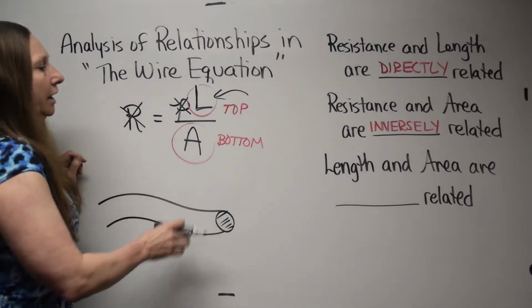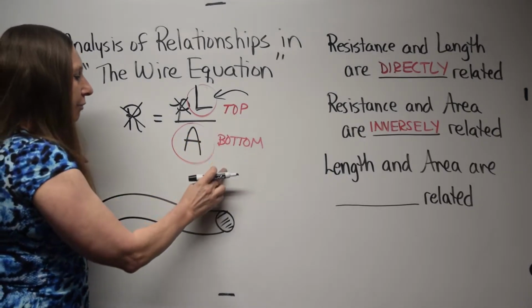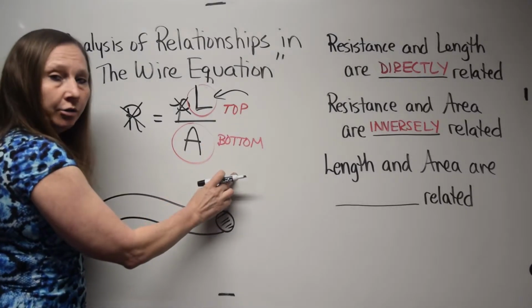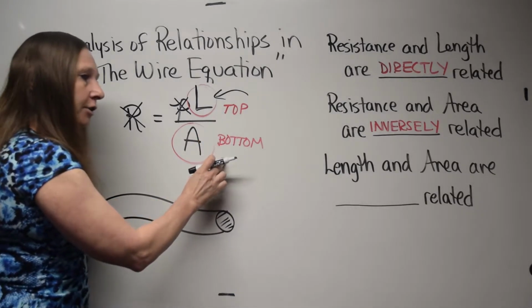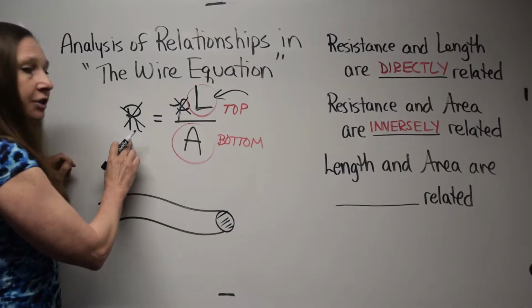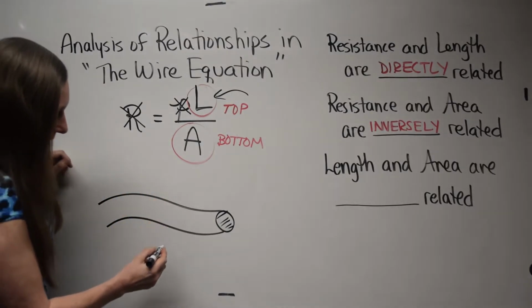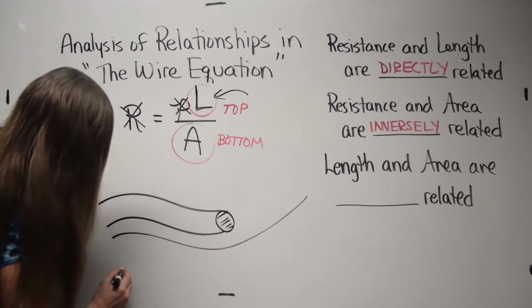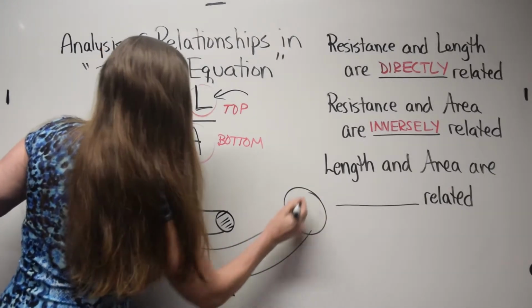That means if you're going to use a longer piece of wire, that piece of wire would have to have a greater area, increase, direct relationship. That piece of wire would have to have a greater cross-sectional area to have the same resistance as the shorter piece. So our second piece of wire would look something like this. It would be longer, right? And the cross-sectional area would have to be greater.